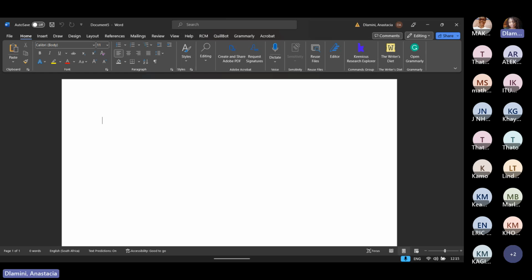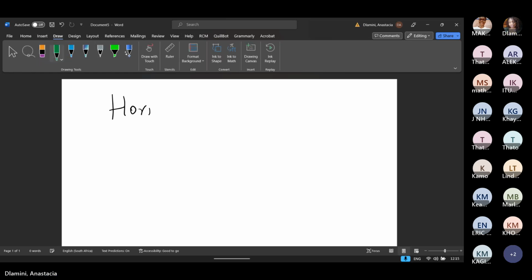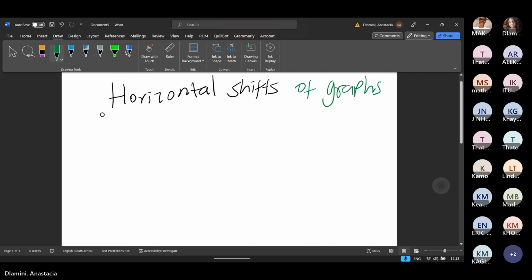Math says that, looking at horizontal shift of a graph, we consider that c is a constant greater than 0: 1, 2, 3, 4, 5, a half, not negative but positive, 0.5, 0.75, any value that is greater than 0.